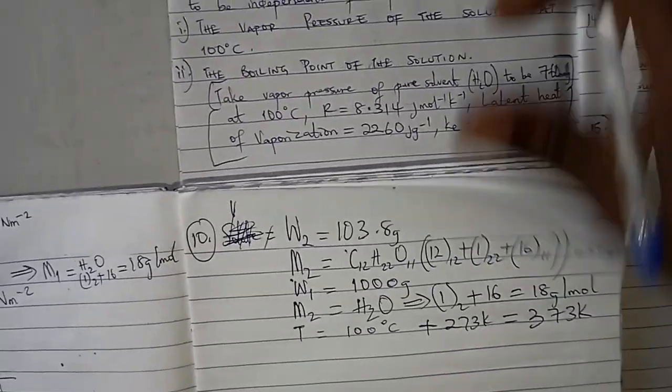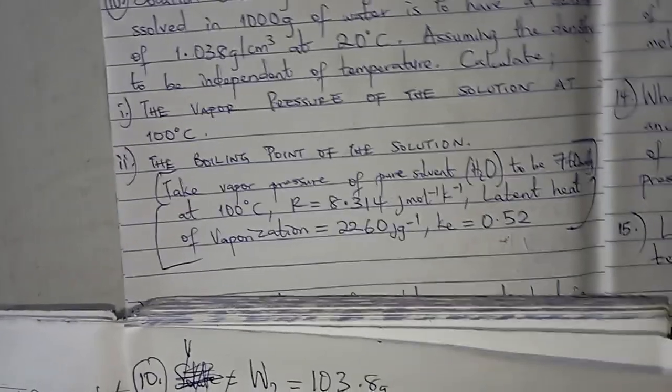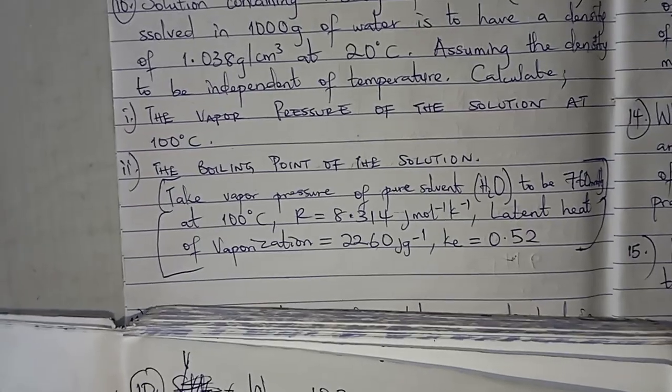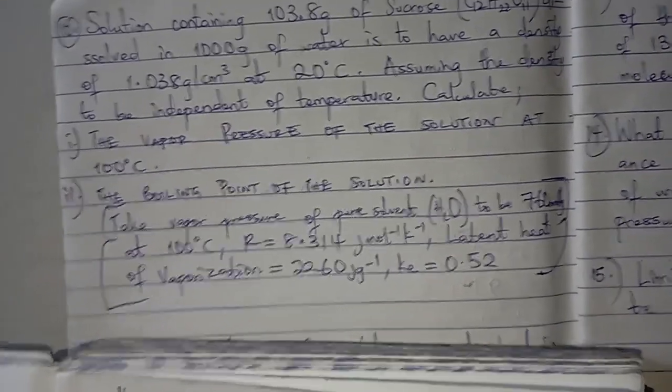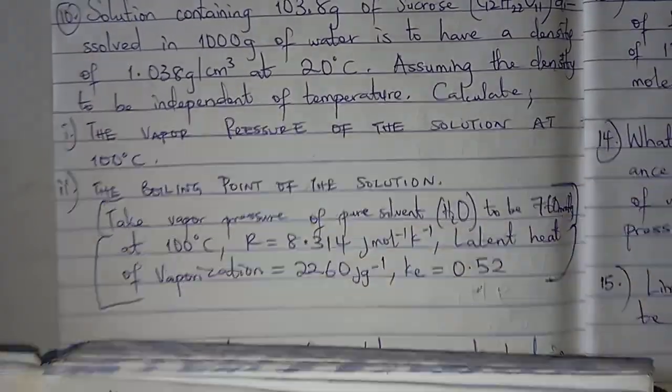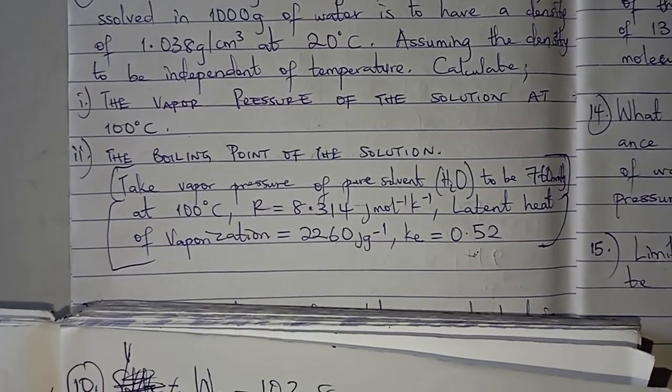Even if they did not give me the pure vapor pressure, once they're asking me to calculate the vapor pressure of the solution, that of the solvent, since it's water, will always be its vapor pressure at 100 degrees C, which is 760 millimeter mercury.